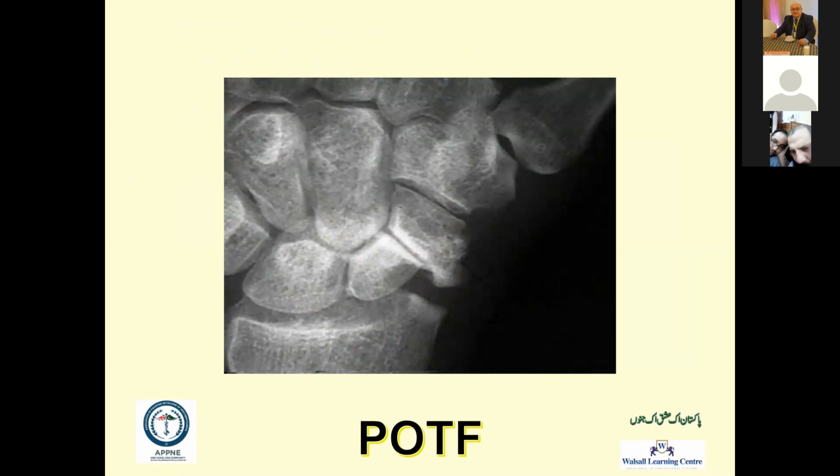This is one of the reasons of carpal tunnel. In diabetes, they've got neovascularisation inside, so they have hypertrophy of the synovium. Whatever causes increase or decrease in space will give you carpal tunnel. But the commonest cause of carpal tunnel is putting on weight, swelling.